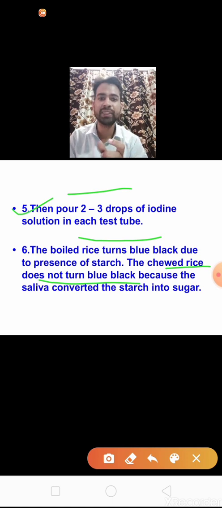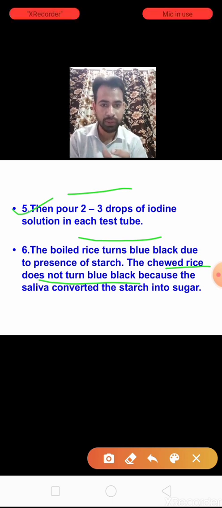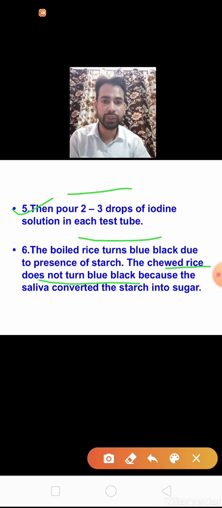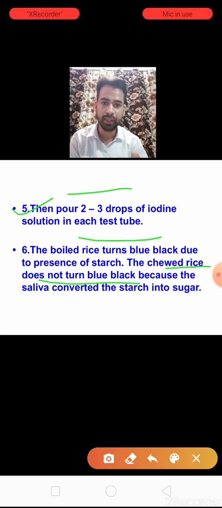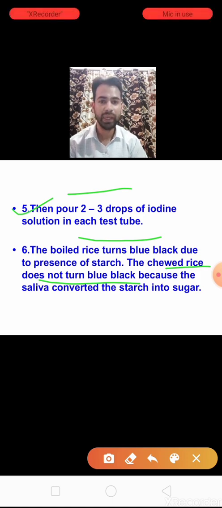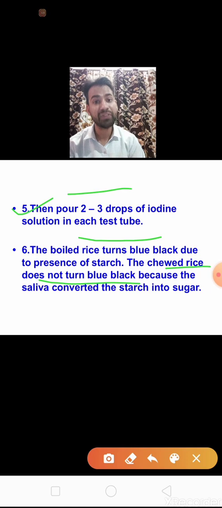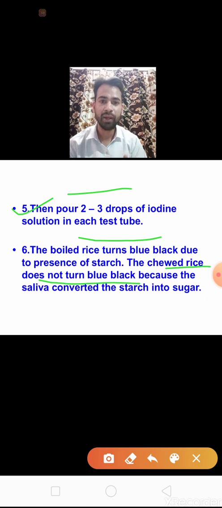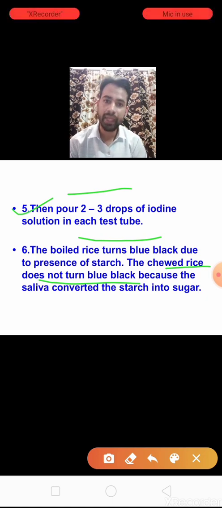The boiled rice without chewing has the starch. When starch comes in contact with the iodine solution, we have put 2-3 drops there, it turns blue black. But in chewed rice, the saliva mixed with rice, and in saliva an enzyme is there, that is salivary amylase.